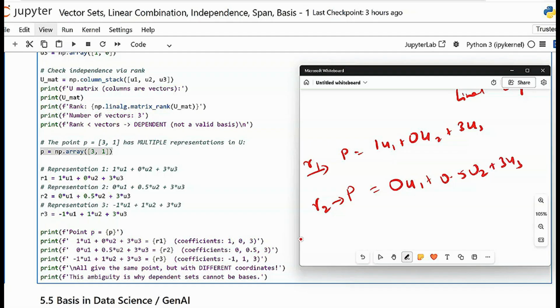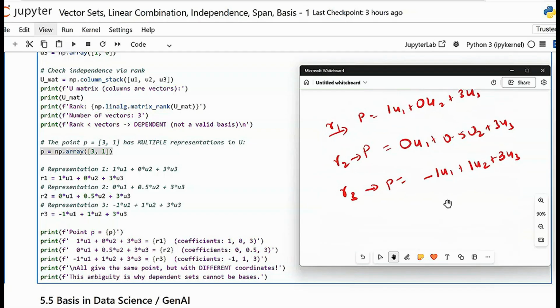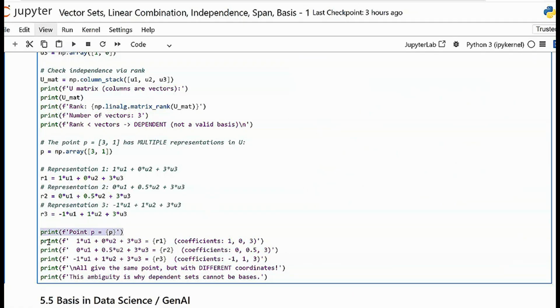And last but not least, we have representation 3, where P is equal to minus 1 u1 plus 1 u2 plus 3 u3. Now let me print our points. Once printed, it shows the first coefficient, second coefficient and third coefficient.